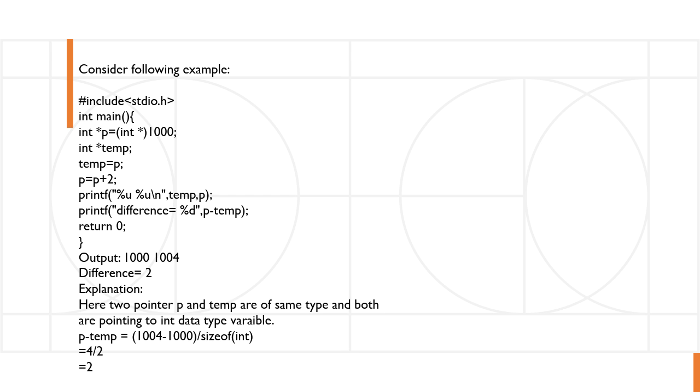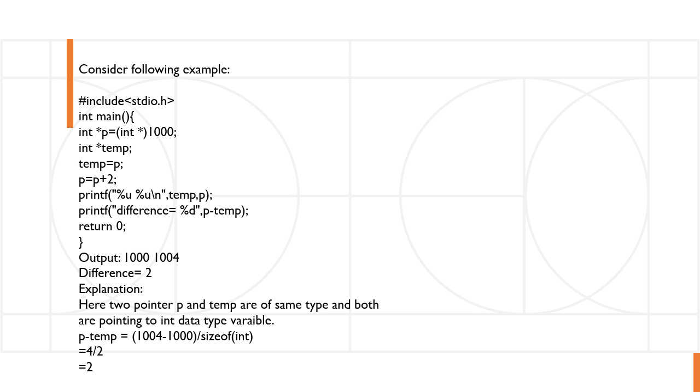Then difference equals percentage d, p minus temp, return. Since temp will hold 1000, it will print 1000, and p will print 1004, since it is plus 2 into 2, that is 4. 1000 plus 4 becomes 1004. So temp will be printed as 1000 and p as 1004. But the difference, p minus temp, will be 2.